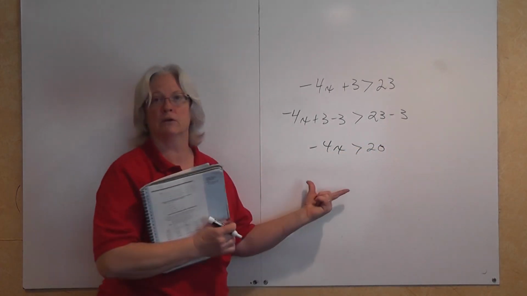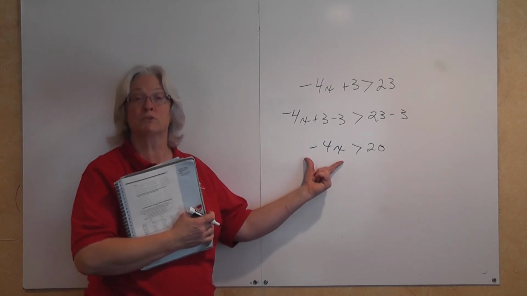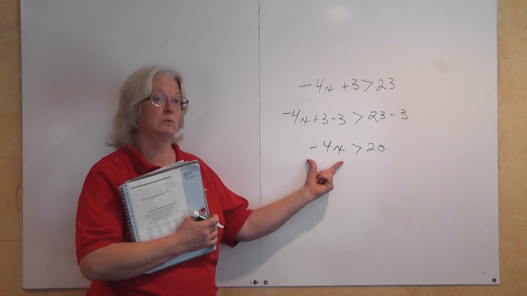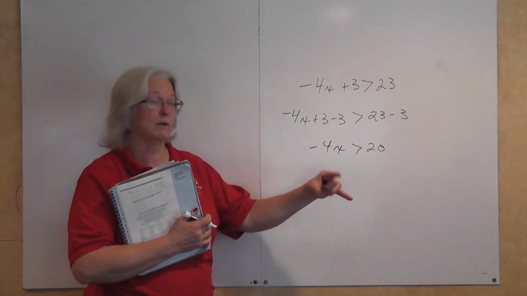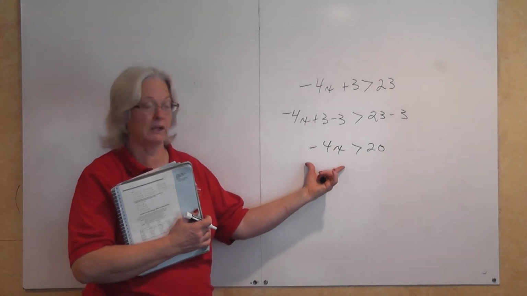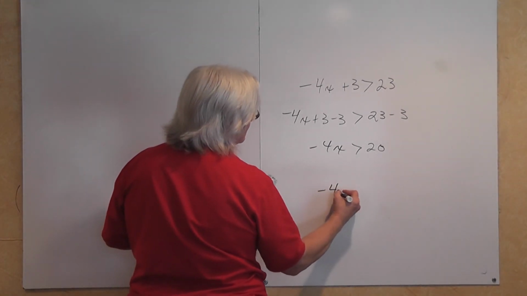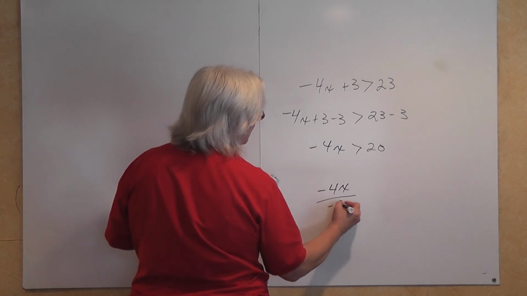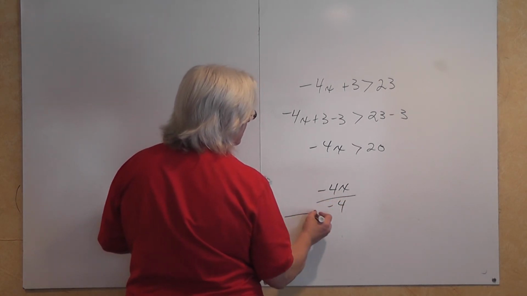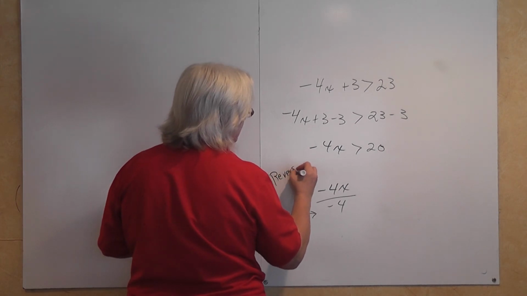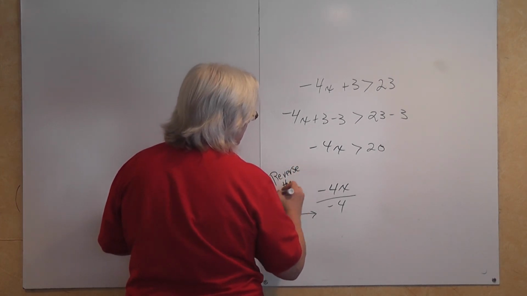Now what's happened here? This has been multiplied by a negative 4. So what are we going to do to undo that? What's the inverse of multiplying by negative 4? It is to divide by a negative 4. We are dividing by a negative number, so what do we have to do?